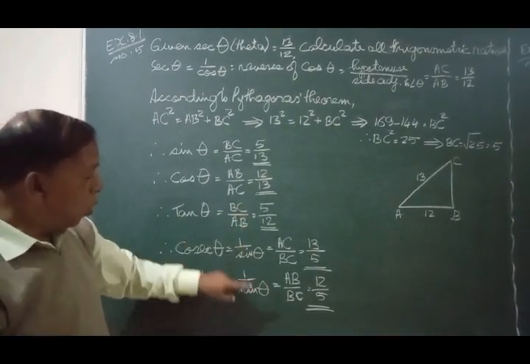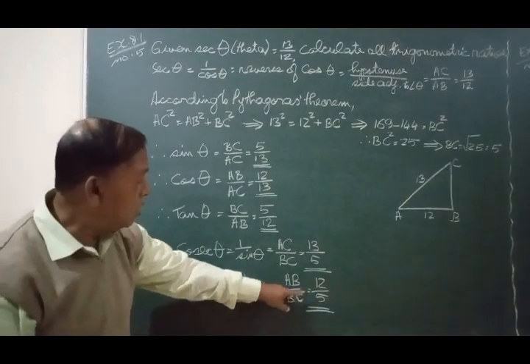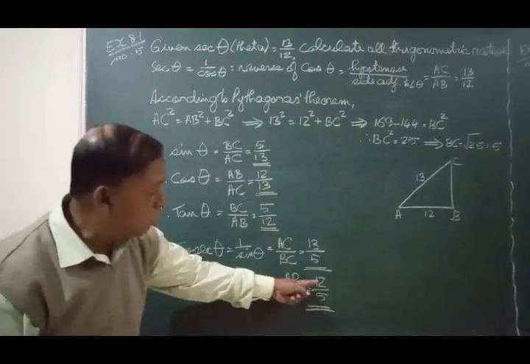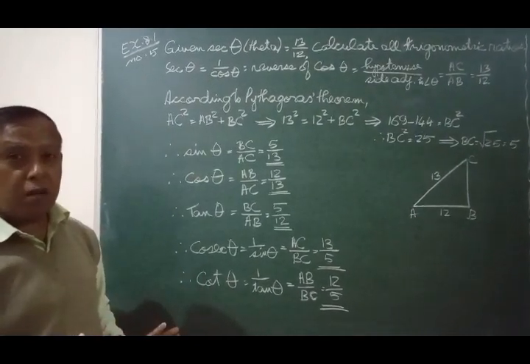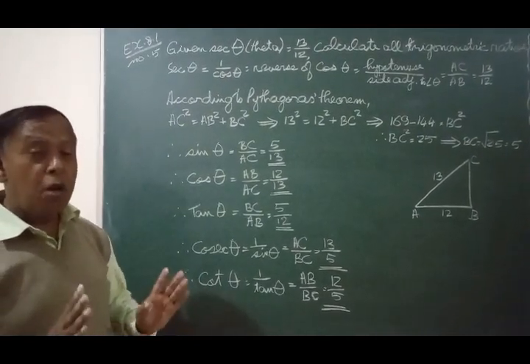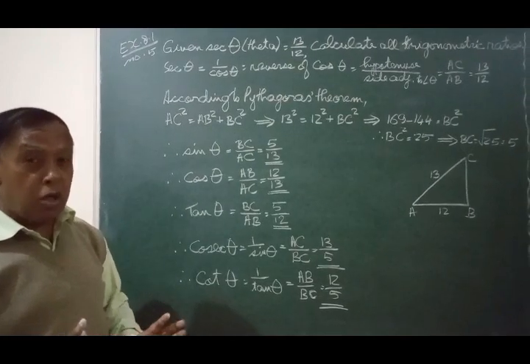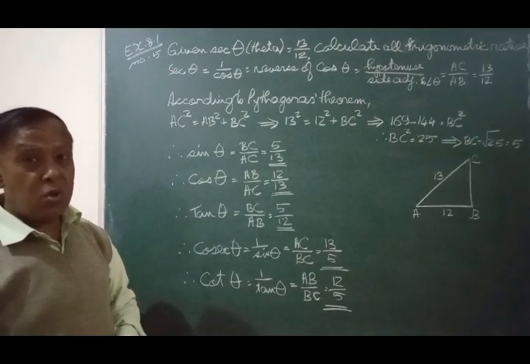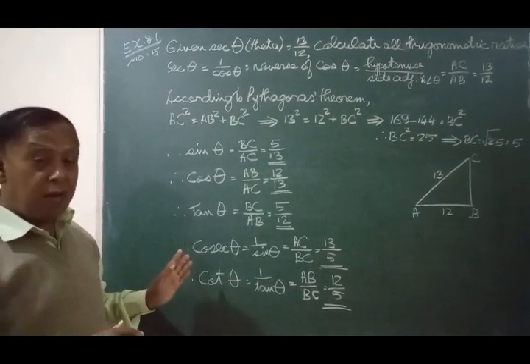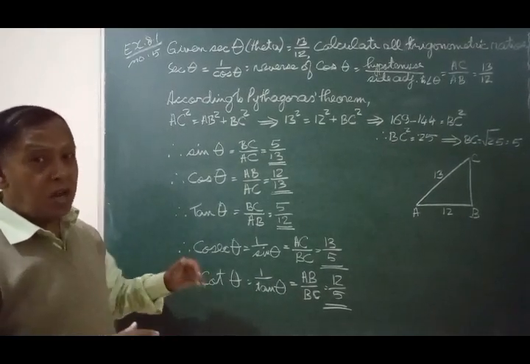BC upon AB is 5 upon 12, so cot is 12 upon 5. Whichever way you look at it, the formula is there. So once again I am reminding you, please study by heart, be sure of those 6 trigonometric ratios: sine, cos, tan, cosec, sec and cot.